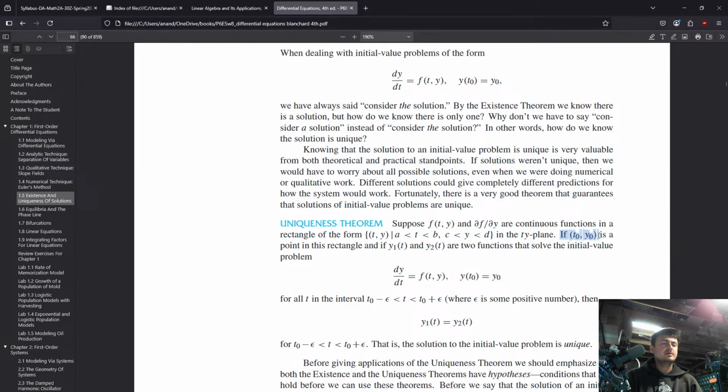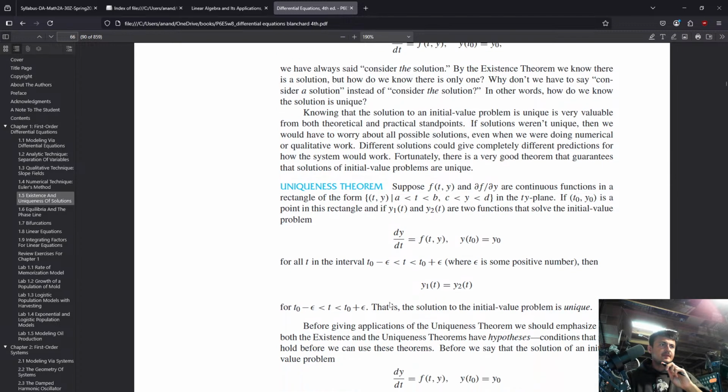If (t0, y0) is a point in this rectangle, and we have two functions that solve the initial value problem for all t within some epsilon, then we know that these two solutions are actually equal.